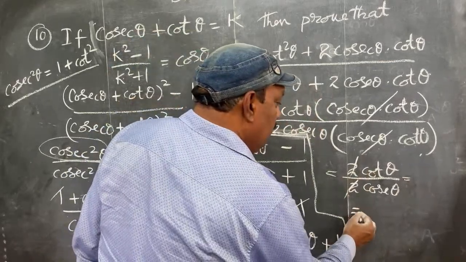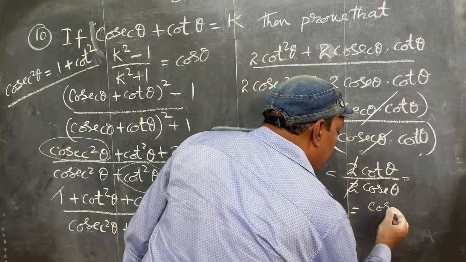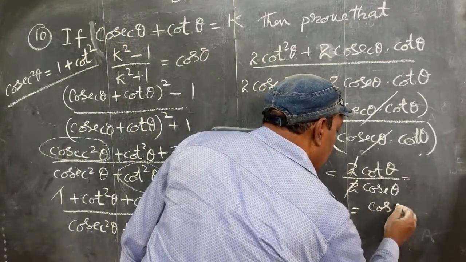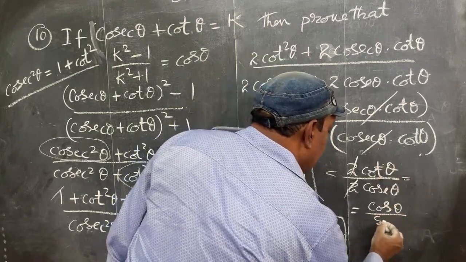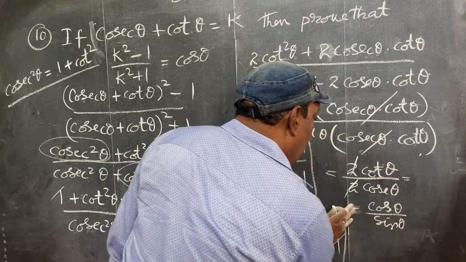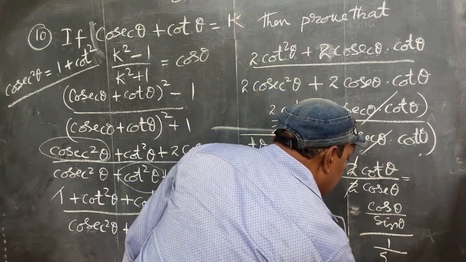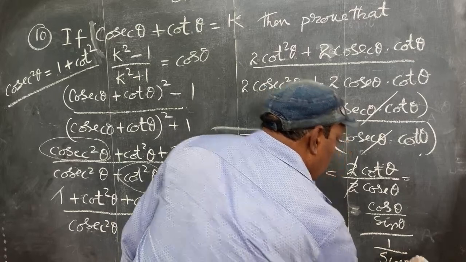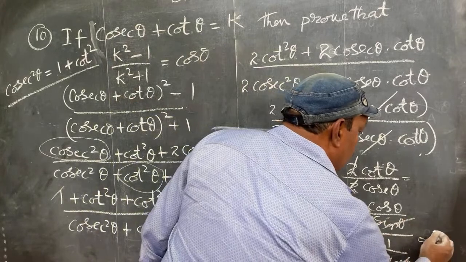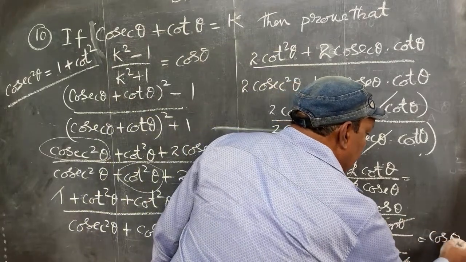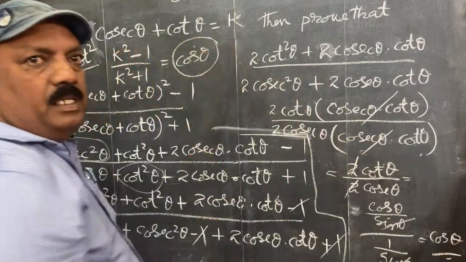Now again here I am converting cot theta as cos theta by sin theta, and cosecant theta I am converting as 1 by sin theta. So here sin theta is going to get cancelled. Left over is cosecant theta. Finally we have proved that cosecant theta is the final answer.